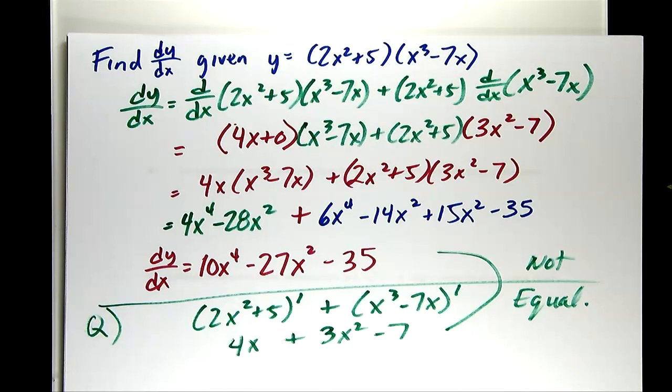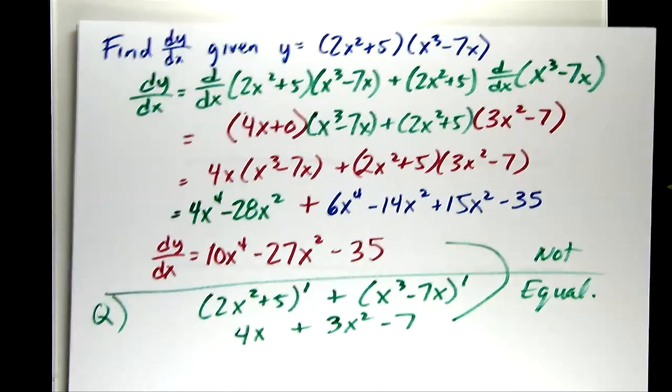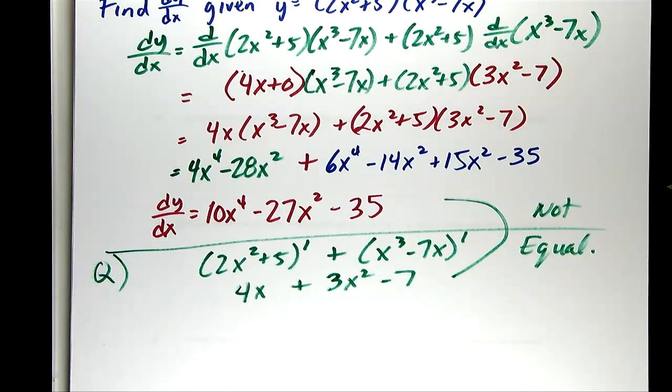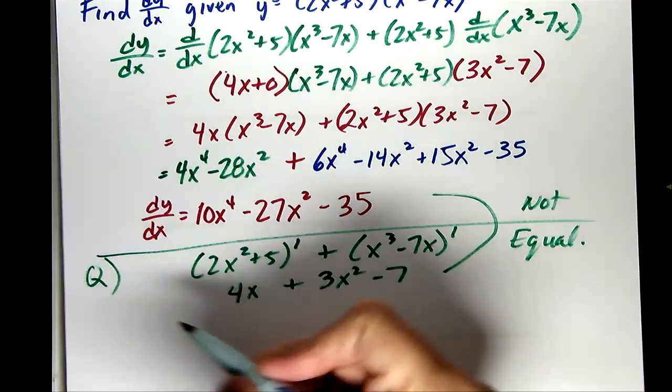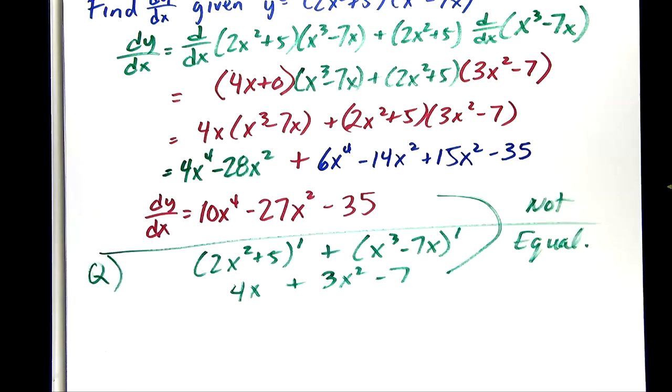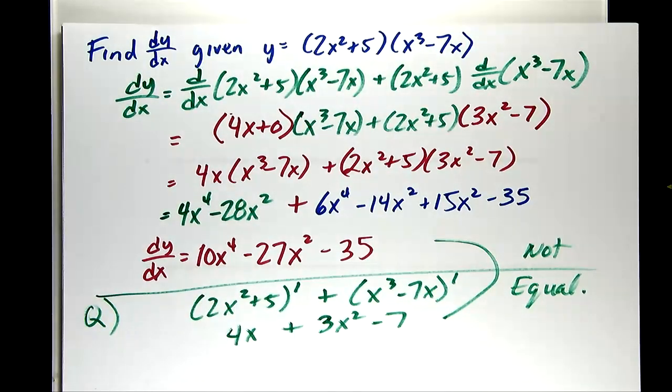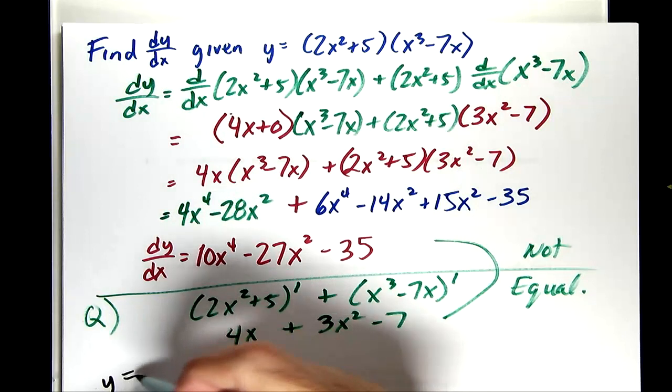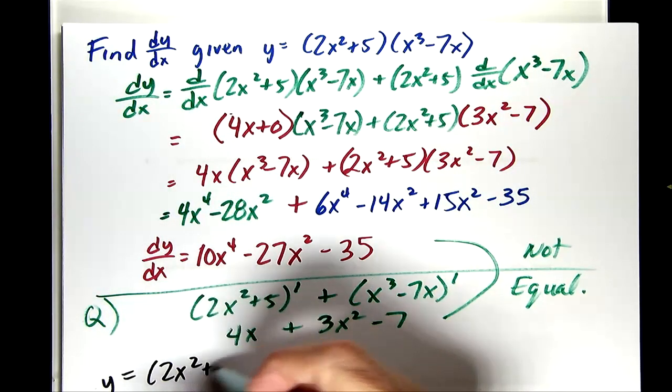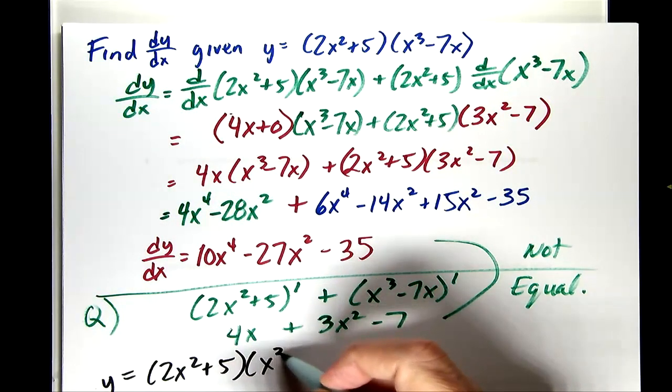I think so. Another way of looking at this, and probably the easier way to do this problem, to be honest. What's another way of doing this problem? Any ideas? Is there anything we could do that would not use the product rule? Yeah, we just multiply it out, right? We start out with 2x squared plus 5 and x cubed minus 7x.